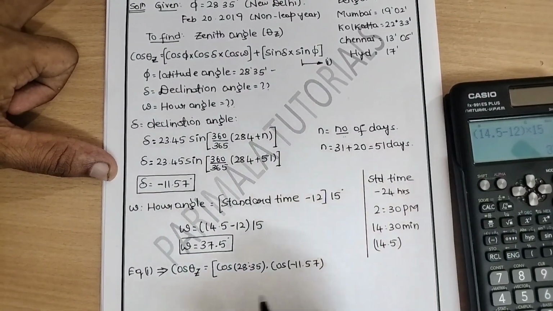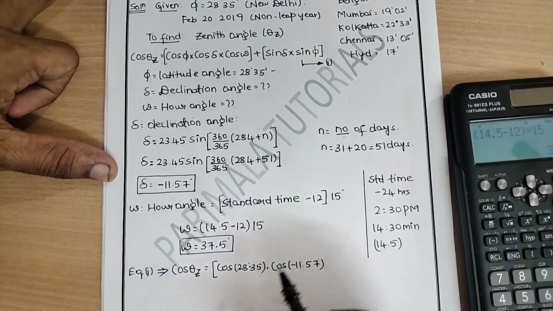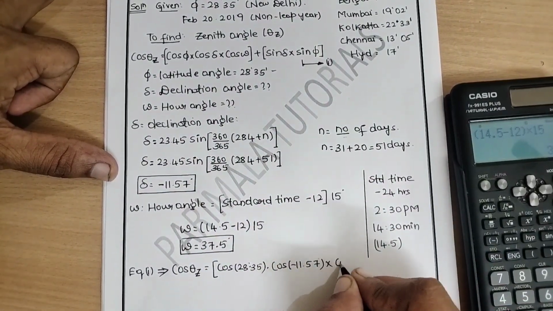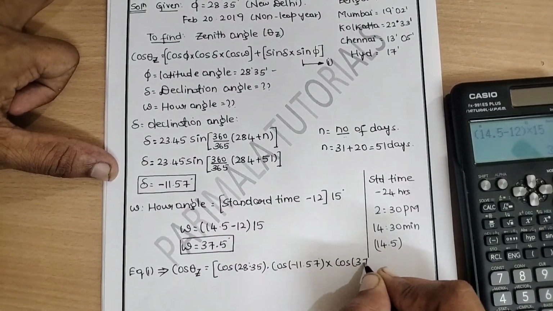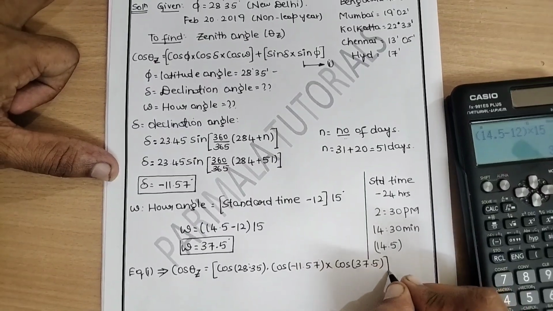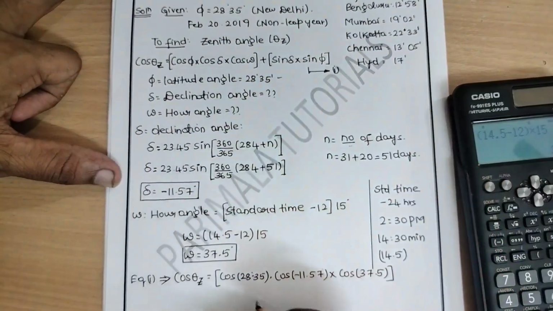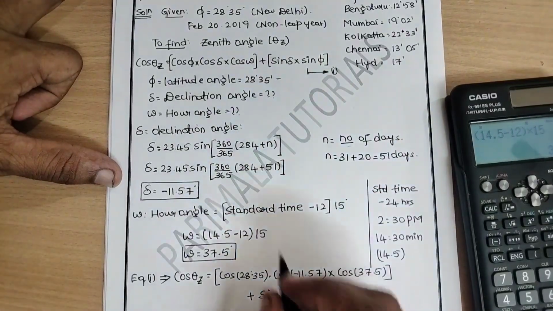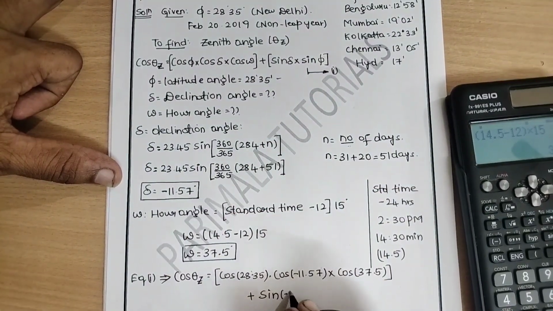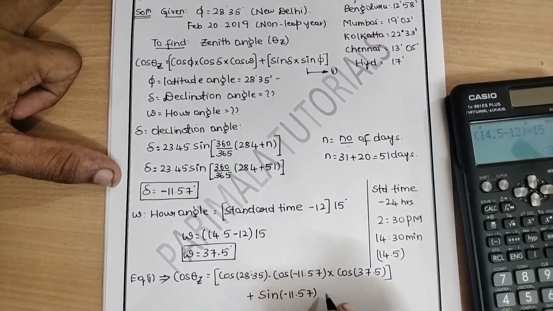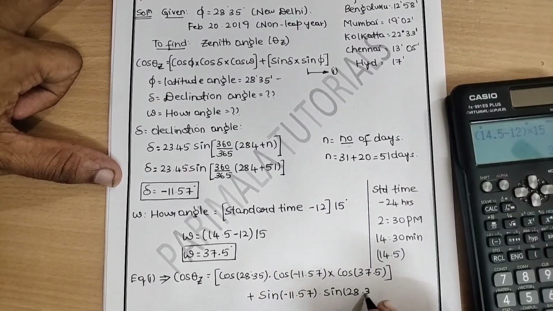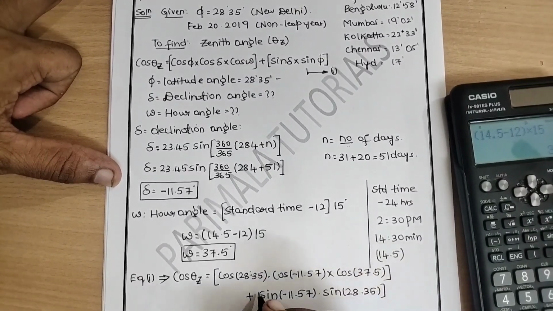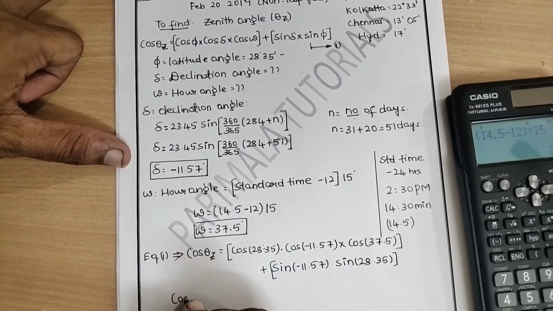Let us substitute the values. Next, into cos of omega, that is 37.5. Close the bracket. Not to stop here, there is further continuation: plus sine of delta, that is minus 11.57, into sine of phi, that is 28.35. Let us calculate this with the help of a calculator.